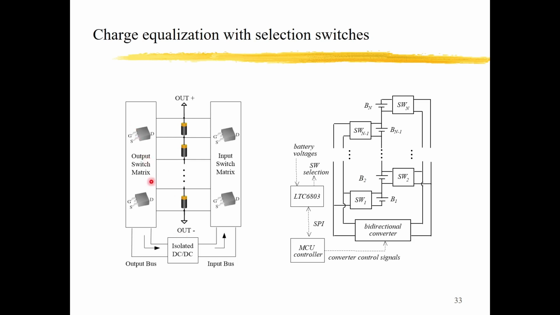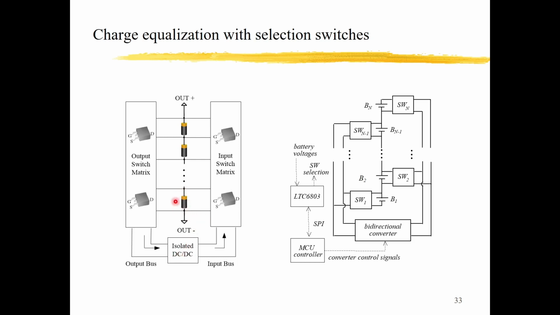By the switch matrix, we can attach any one of the battery cells to the DC to DC converter. In this topology, if for example this one has the highest SOC, we turn on the selection switches and connect this cell to the input of this DC to DC converter.